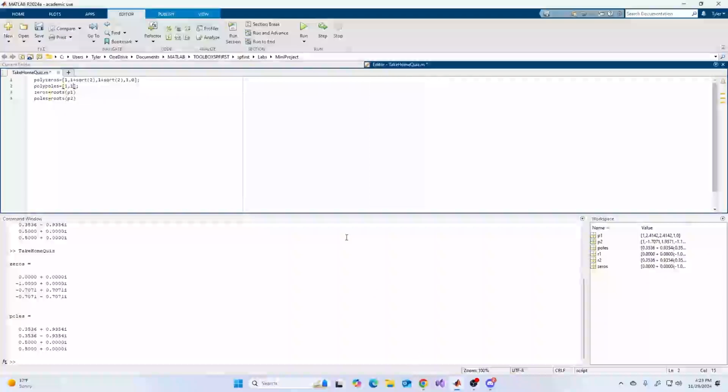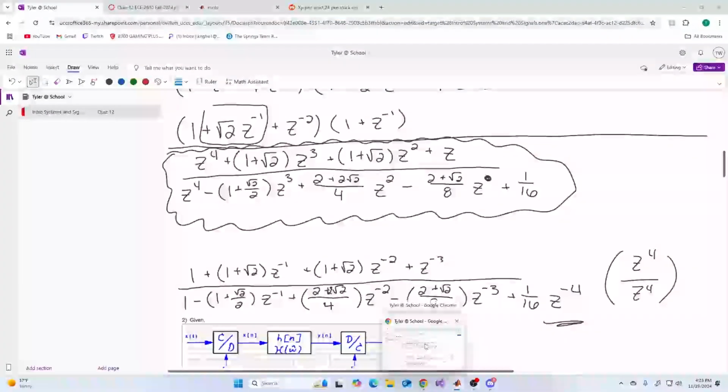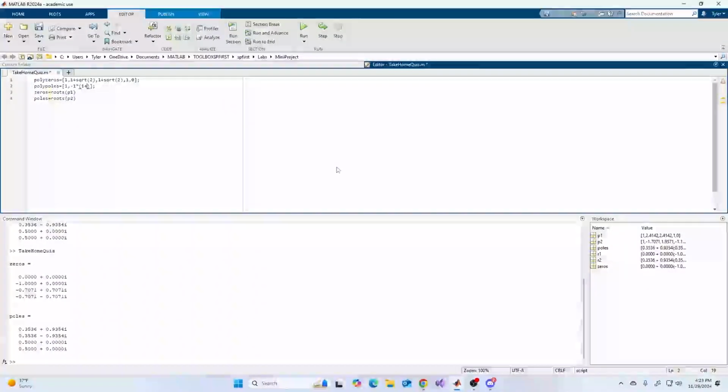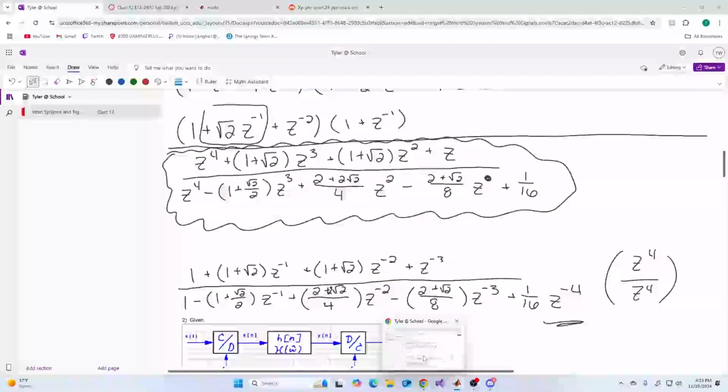-1 times, well, what's inside of here? I have a 1 plus square root 2 divided by 2. Go on to my next one. I have a 2 plus 2 square root 2 divided by 2.